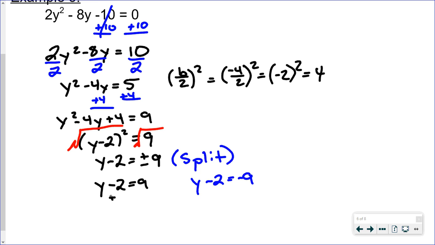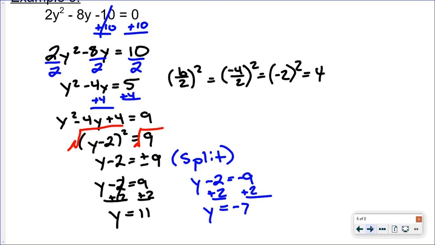So solve these two equations. Add 2, y equals 5. There's one solution. Add 2, and y equals negative 1.